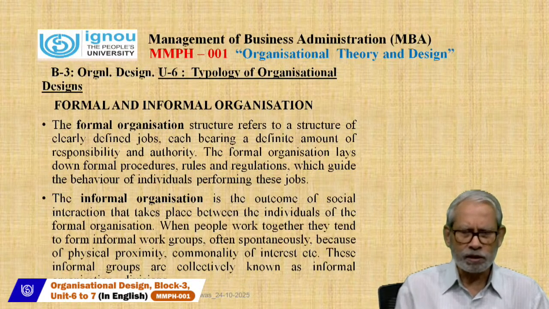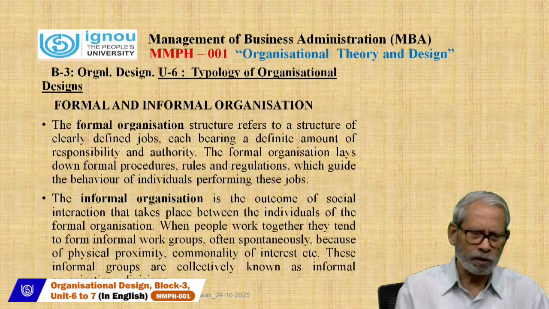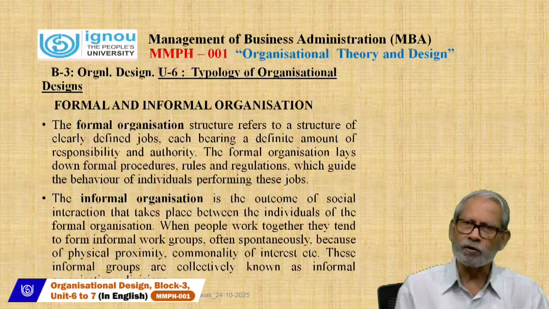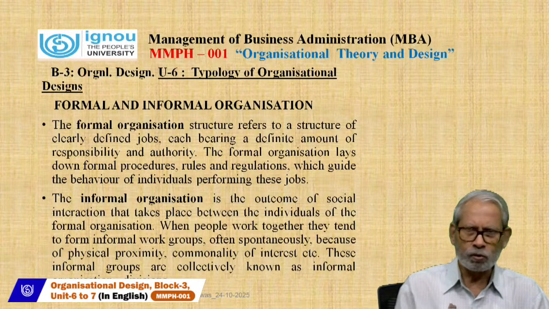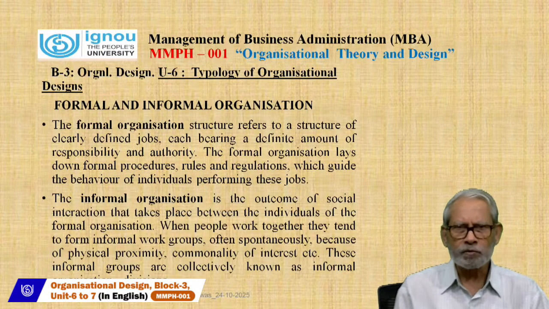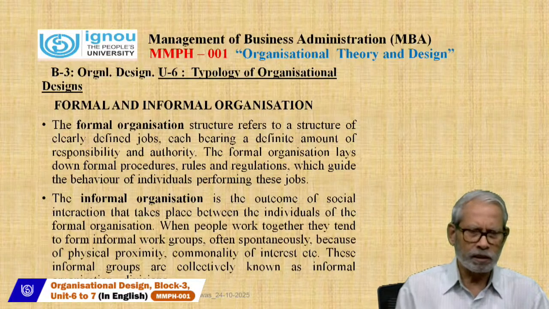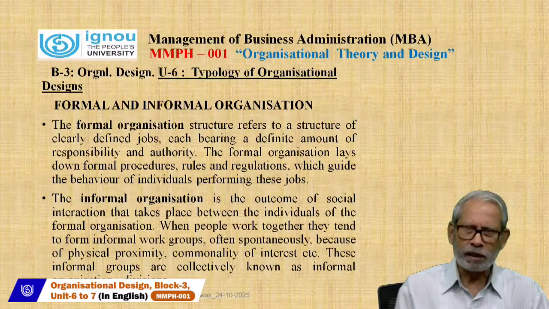The informal organization is the outcome of the social interactions that take place between individuals in the formal organization. At that time you cannot exactly follow the procedures and all these things, because you are in social interaction. When people work together, in most cases they basically form an informal work group.